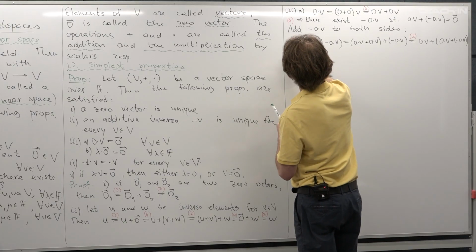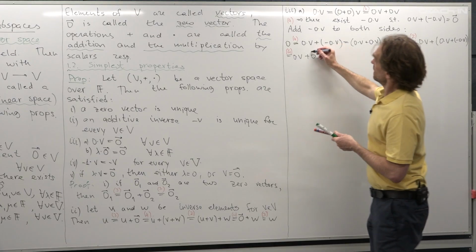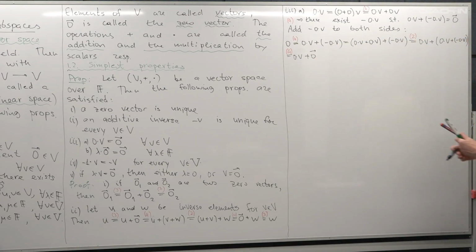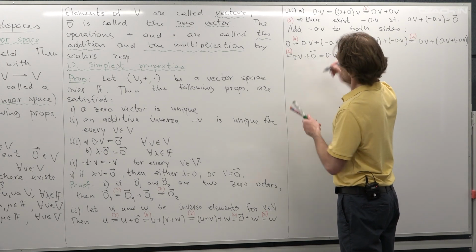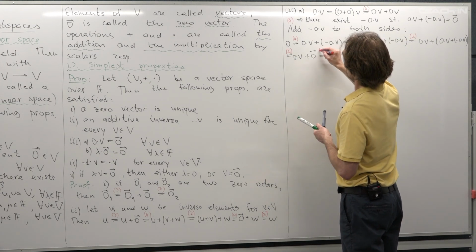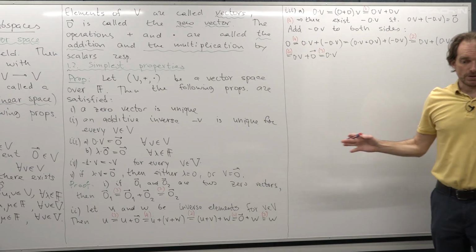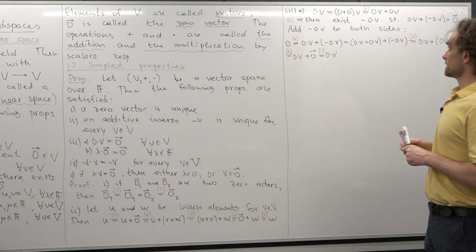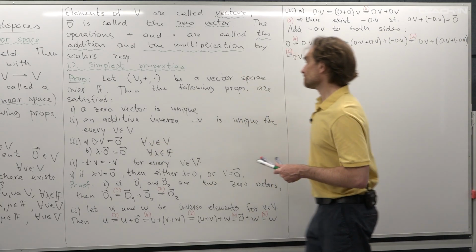It follows from the property number 4, and then here we get the 0 vector, so we have the sum of some vector with the 0 vector, so we get this vector, and we come to the conclusion that 0 multiplied by v equals 0. So this is exactly what we intended to get.